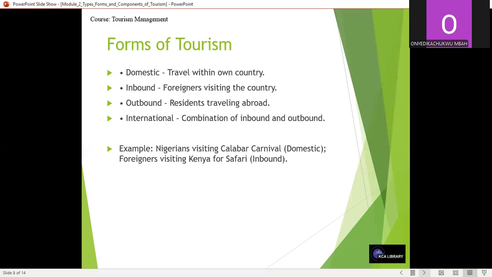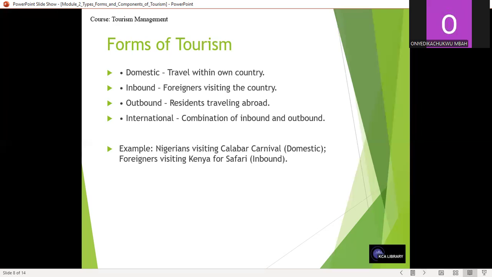Then international tourism, this is a combination of both inbound and outbound. For instance, Nigerians visiting Calabar Carnival, that is domestic. Foreigners visiting Kenya for safari, that is inbound.